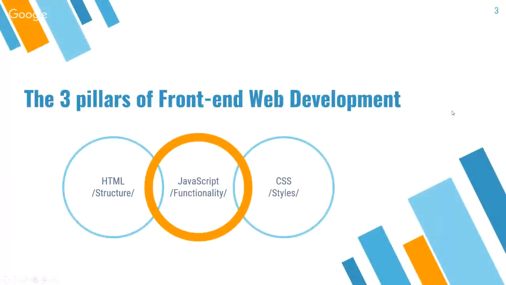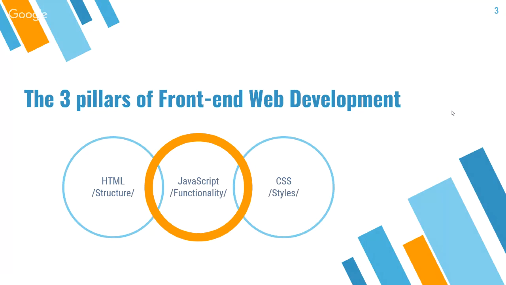Here you can see the three pillars of front-end web development. All the websites and web applications out there are some kind of combination of the three languages you see here, HTML, CSS, and JavaScript. As you can see here, HTML has its main task to provide the structure. So if we think of our website or web app as a house, HTML will be, metaphorically speaking, the structure.